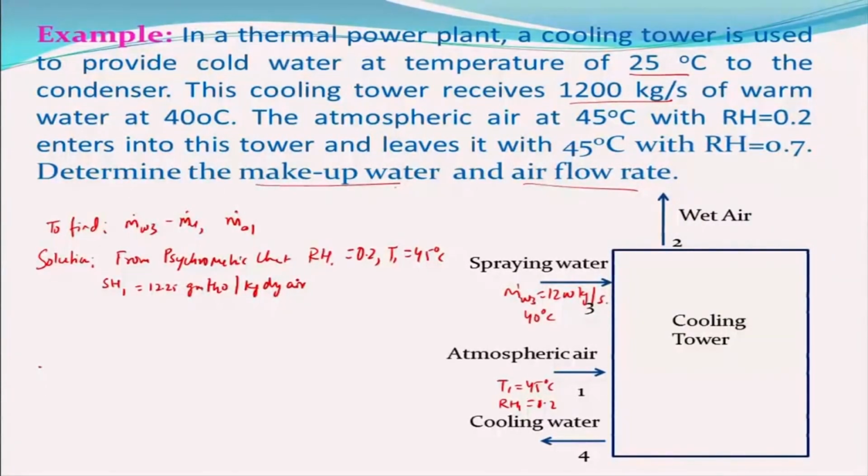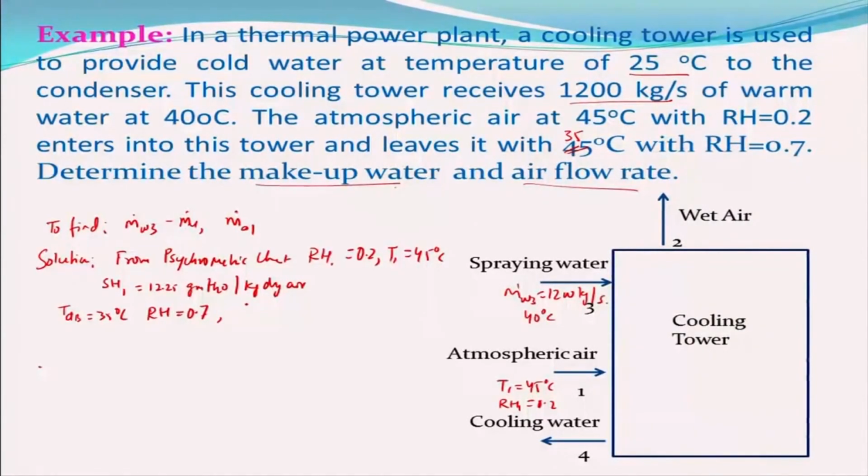And we can also get from the same psychrometric chart the TDB, that is dry bulb temperature, 35 degrees Celsius. This is not 45, this is 35 degrees Celsius, and RH is equal to 0.7.